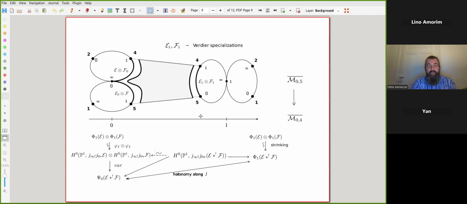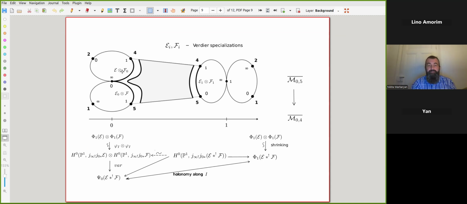And there is another cycle at 0, which is a composition of these two, and this gives another isomorphism. We have holonomy between these two cycles, and all of this is compatible because we have this pentagonal figure.